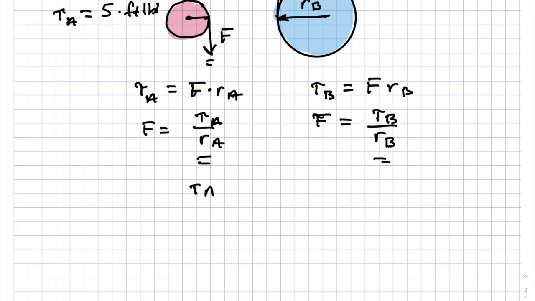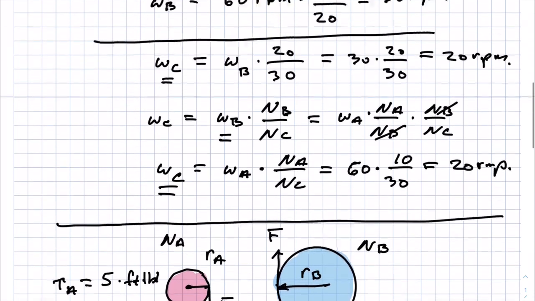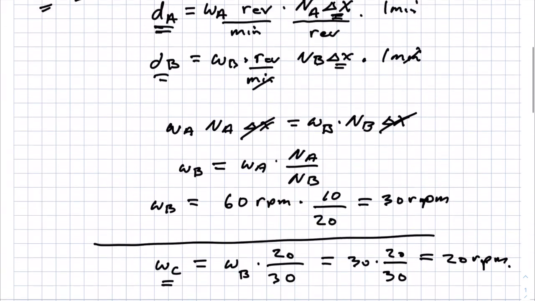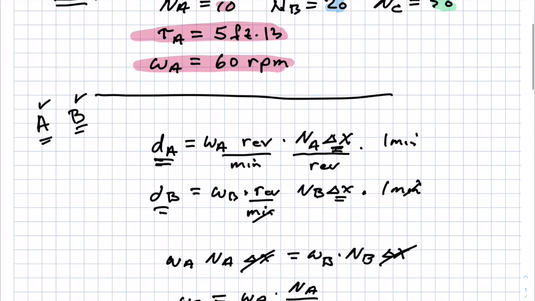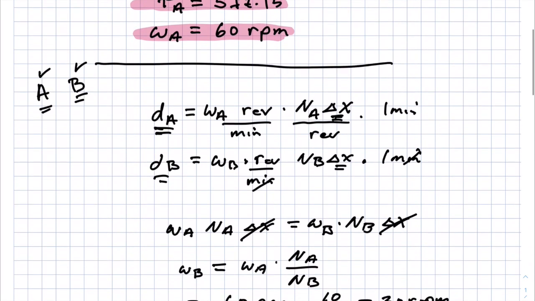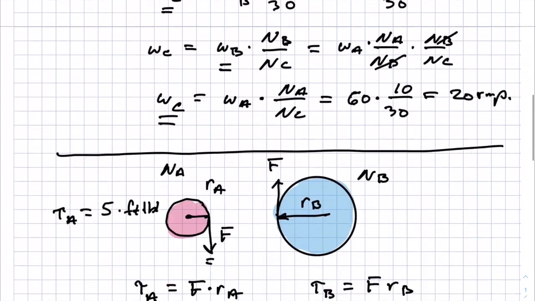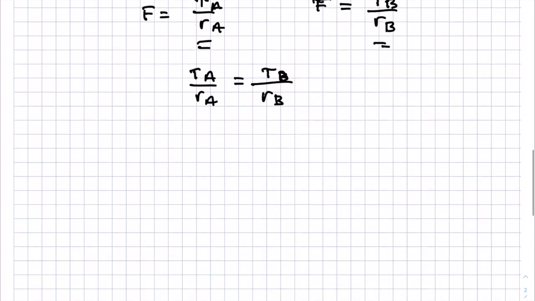So I know that tau A over RA is equal to tau B over RB. Let me quickly derive the expression for the radii.